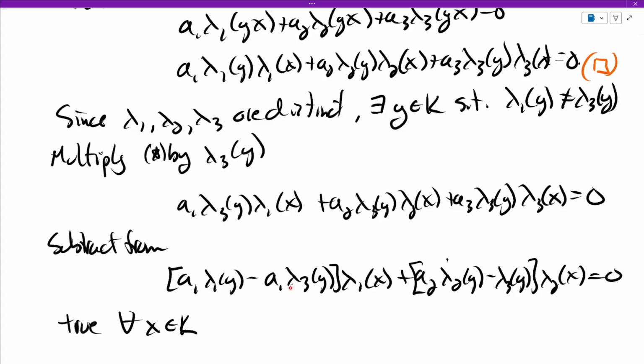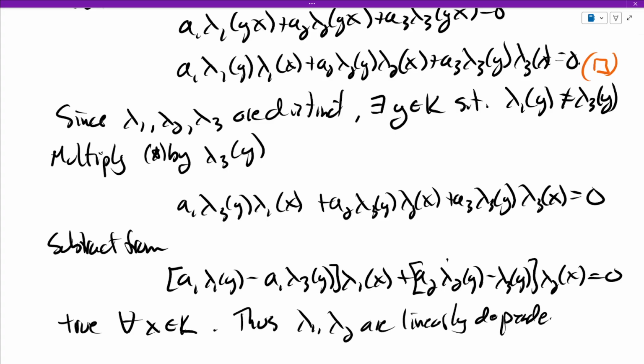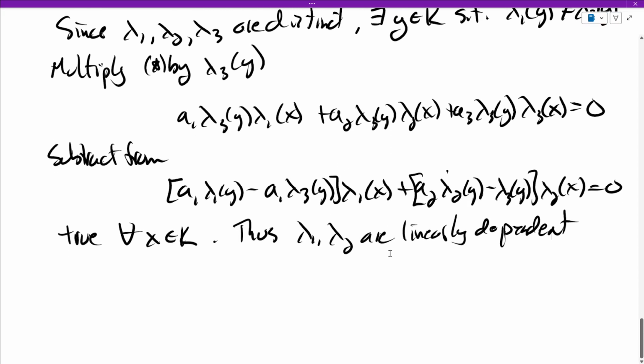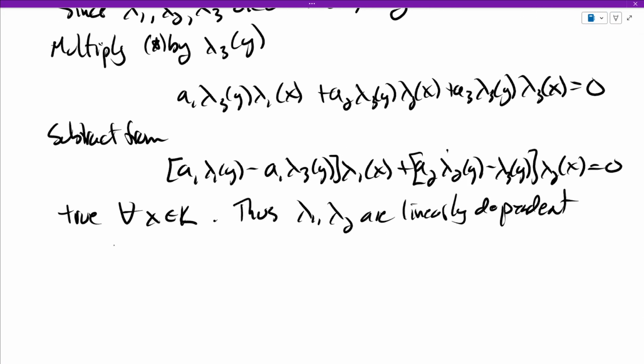So this gives us a linear dependence among lambda 1 and lambda 2. But they're distinct. So again, by the n equals 2 case, we have a contradiction. By the n equals 2 case, we cannot have a linear dependence among distinct monomorphisms.